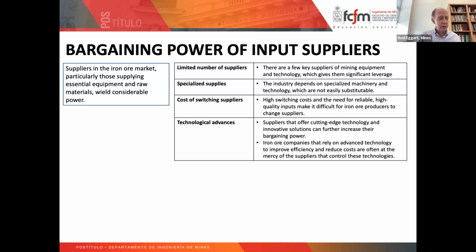Those considerations, to me, suggest not low bargaining power of input suppliers, but either medium or high. Do you have any thoughts about that?